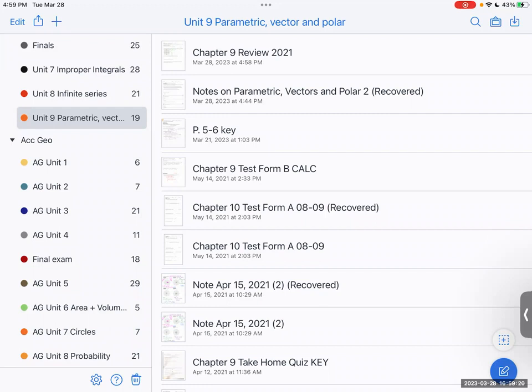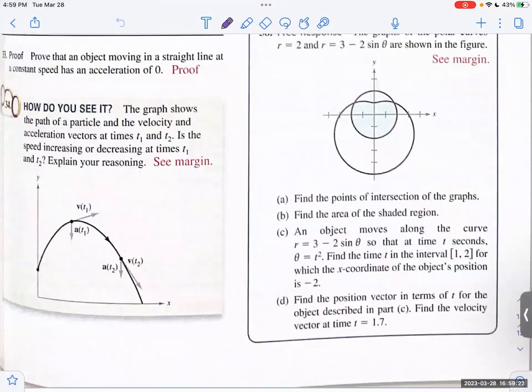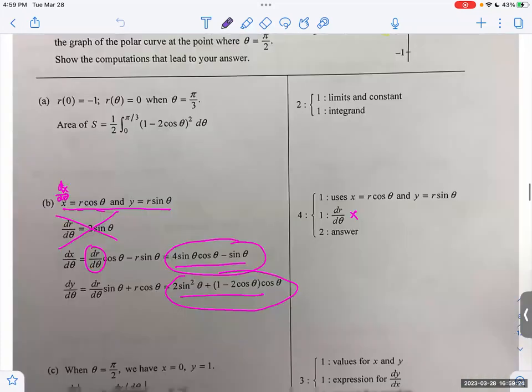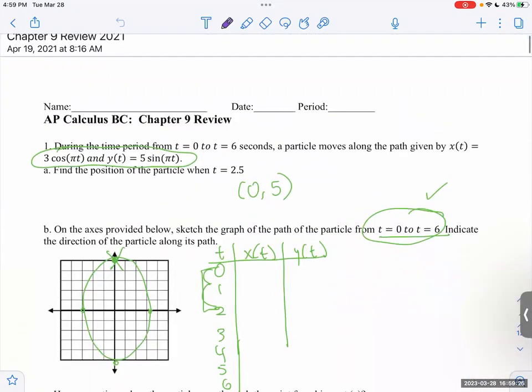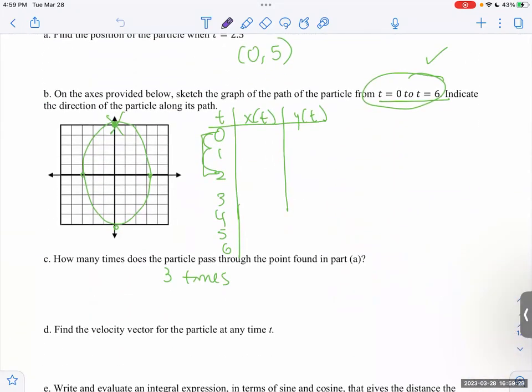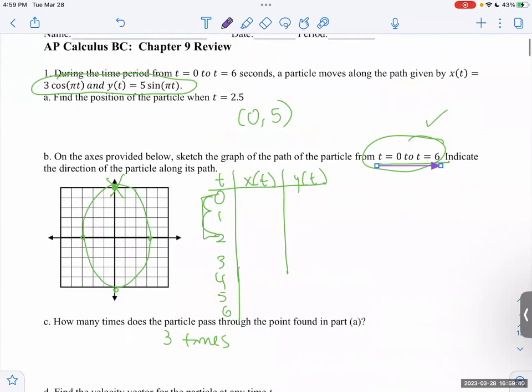Oh, okay. So chapter 9 review, there was a question about how we know it went around the curve 3 times. So here I have a table of values and they want me to sketch this particle's motion from 0 to 6 seconds. But when you graph the curve from 0 to 2, you see that it's enough to wrap around the ellipse 1 time.